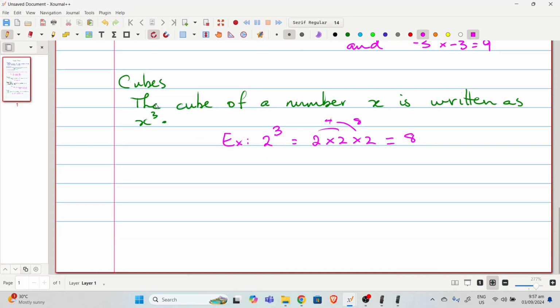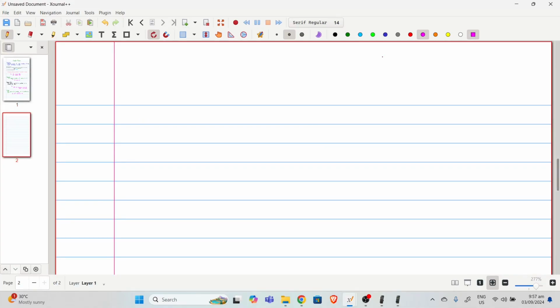Next, the alternative to this is the cube root. So let me just go on a new page. Cube root.